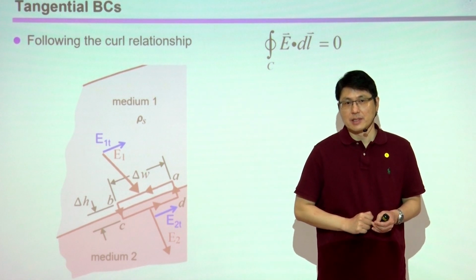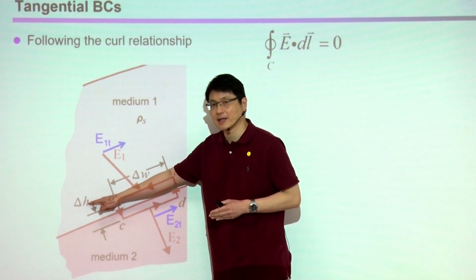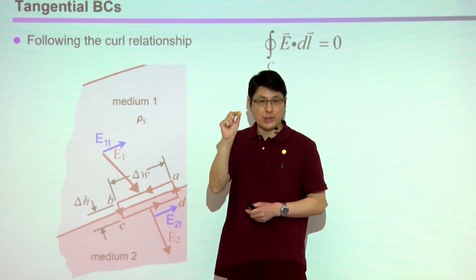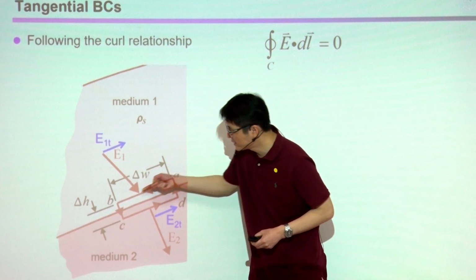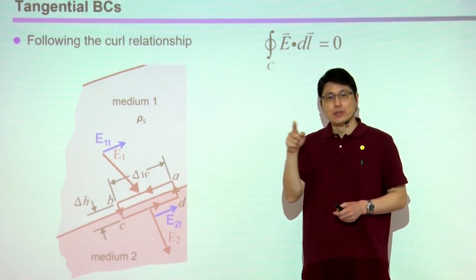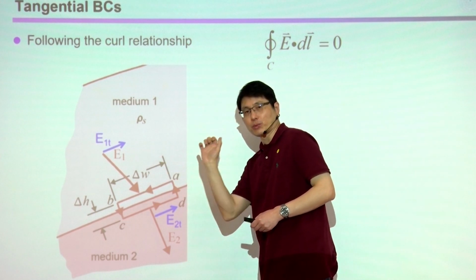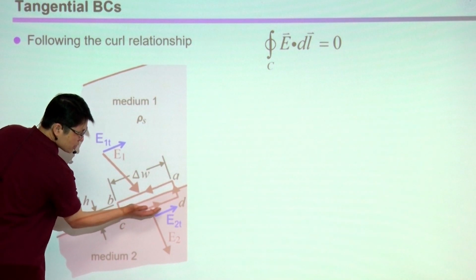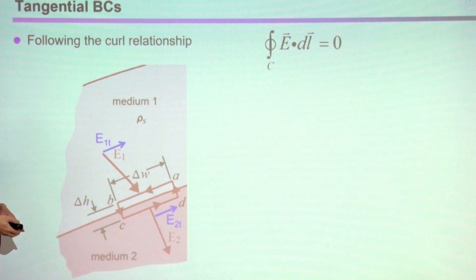Okay? So in all these derivations, we have assumed this delta H, the height of the rectangle, is effectively 0. So we're only evaluating this segment and this segment. But in order to form a closed loop, in this case, the loop direction is following my right hand, right? So I'm using my 4 fingers to denote the direction of the closed loop.